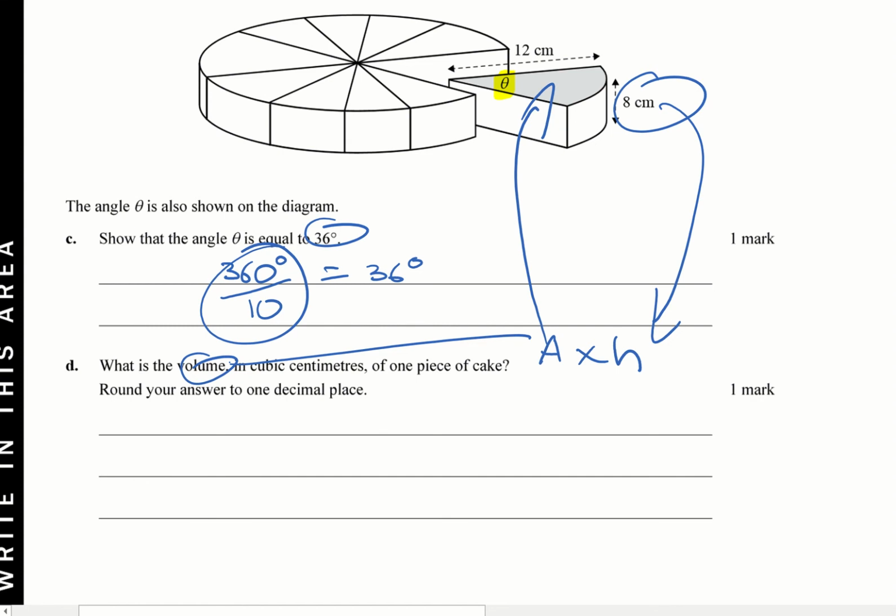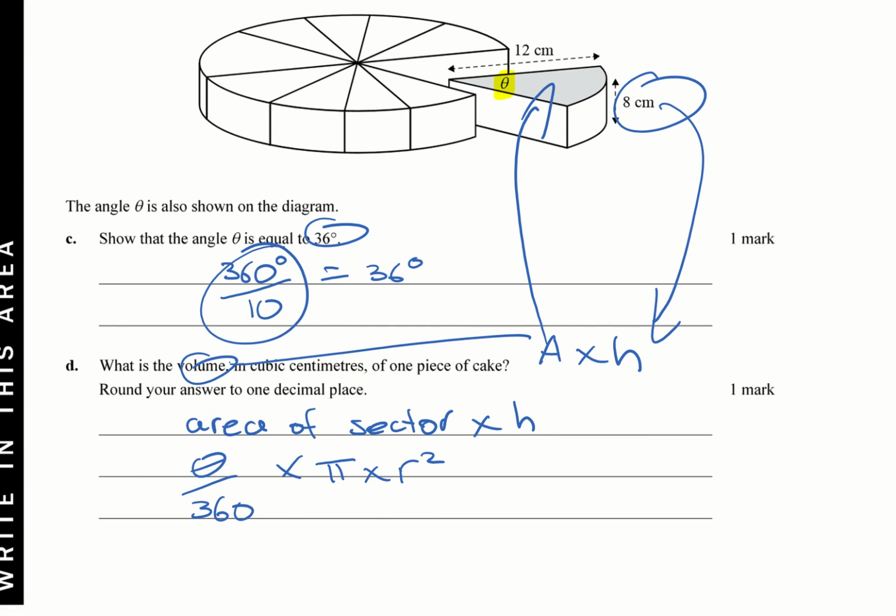So the formula for the area of a sector is your angle divided by 360 times pi times r squared. I wouldn't put all this writing in your exam, but I'm just trying to show it.